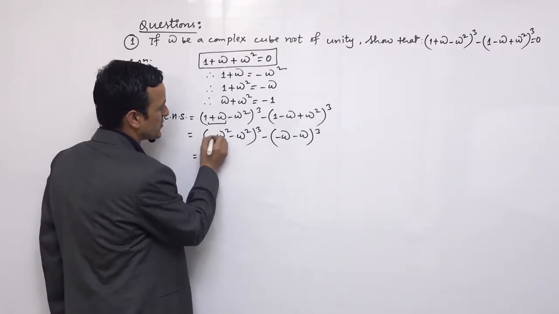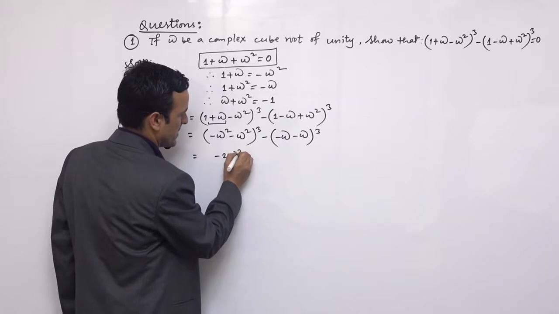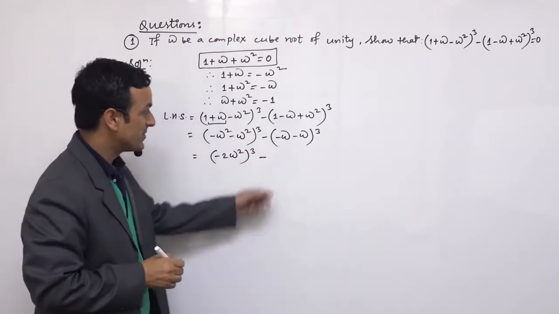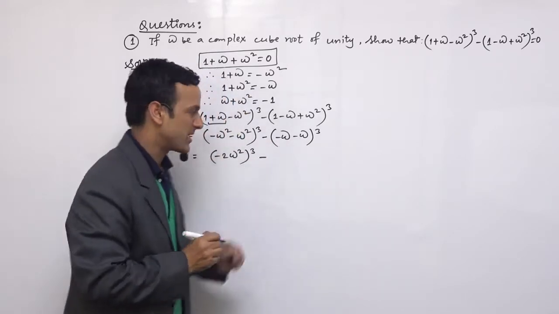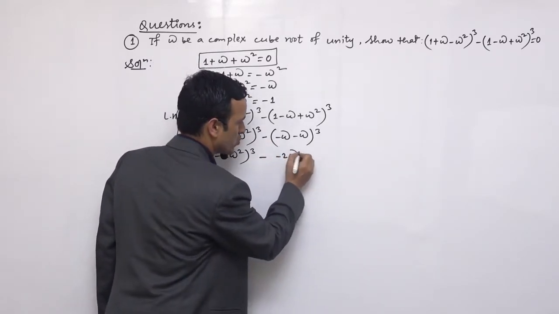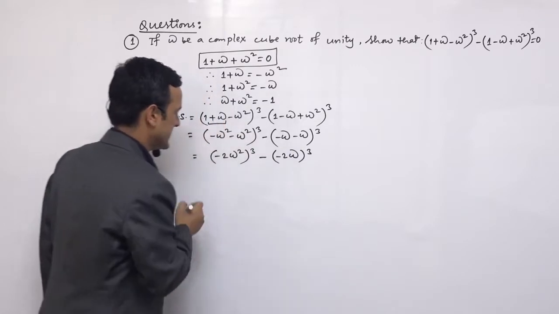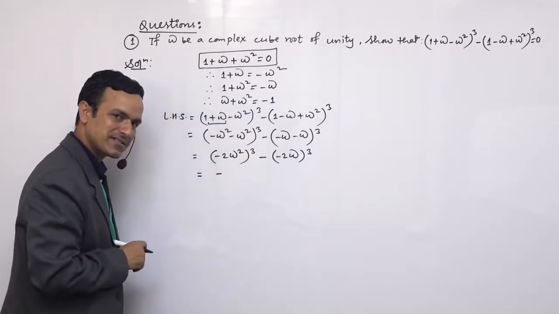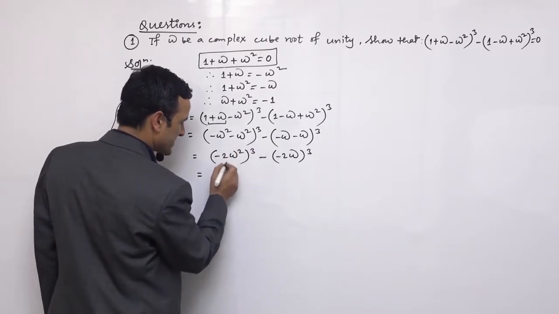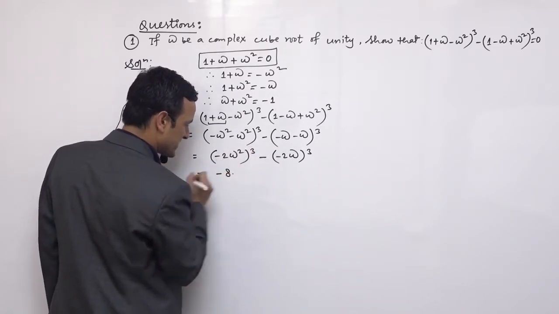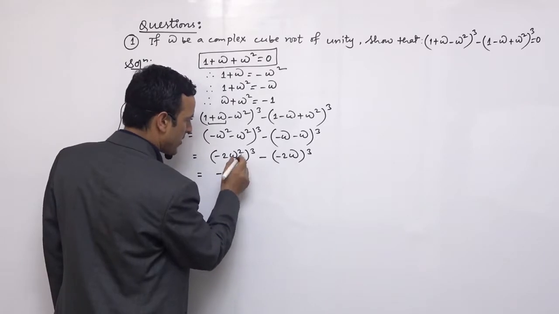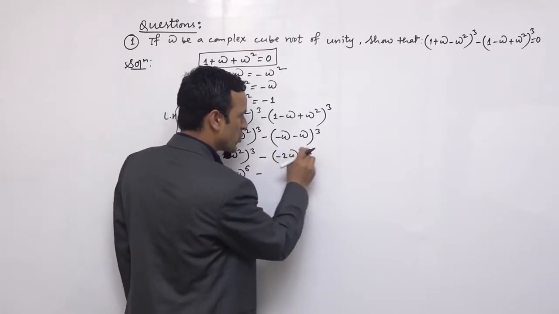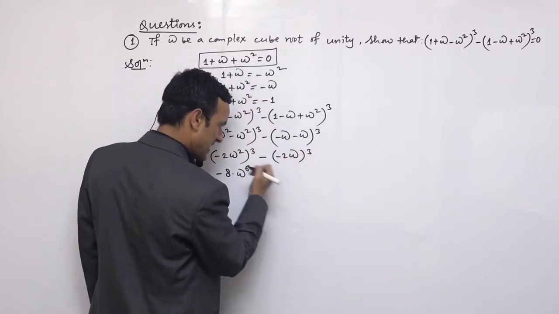So minus omega square means minus 2 omega square cube. Similarly, minus omega and minus omega means minus 2 omega power 3. If we solve it, minus 2 cube means 2 to the power 3, which is 8. Omega power 2 times 3 is 6, and minus cube means it is again minus.